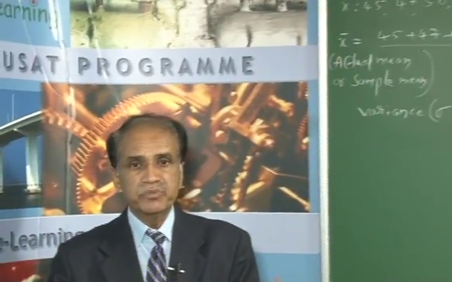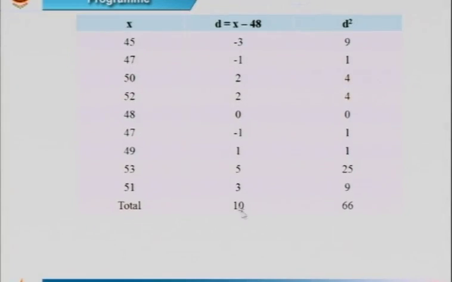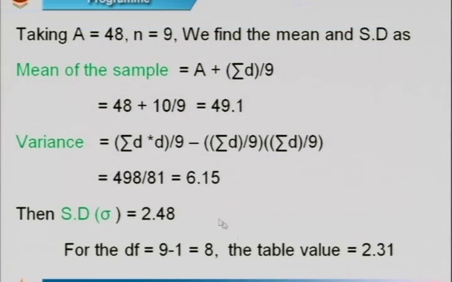That is coming to be calculation from the table, that is sigma d is this much and sigma d square is 66. We make use of these two values in the shortcut method equation to find the variance, and that gives 6.15.